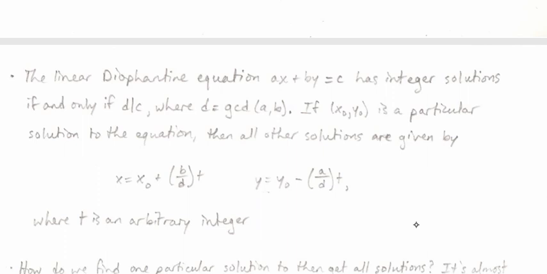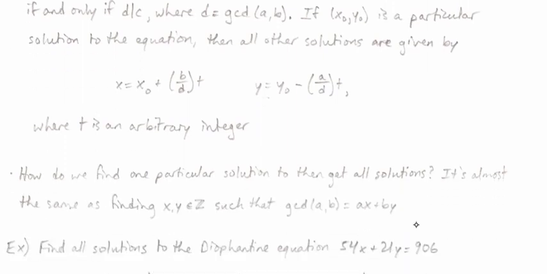You don't plug different t values into each of the two equations. Those won't necessarily work. So how do we find one particular solution to then get all possible solutions to a linear Diophantine equation?